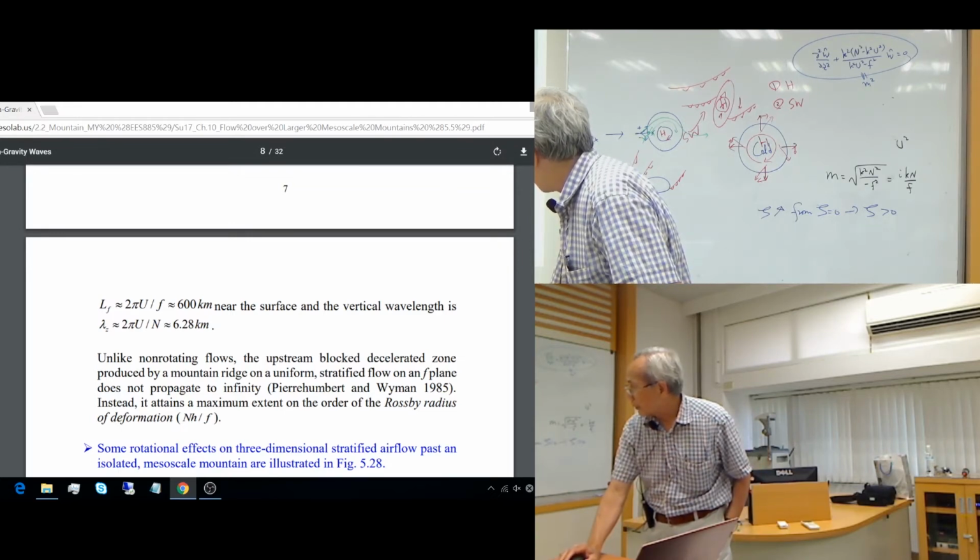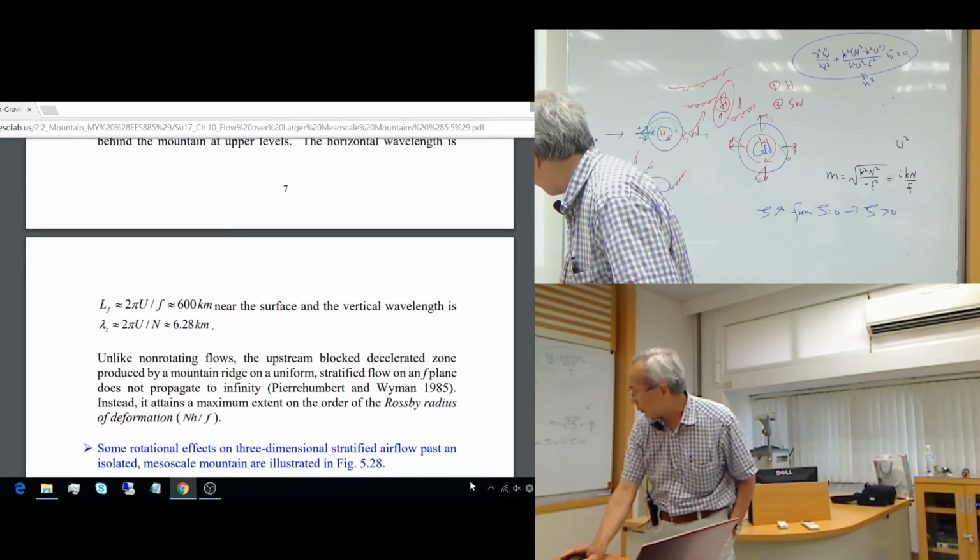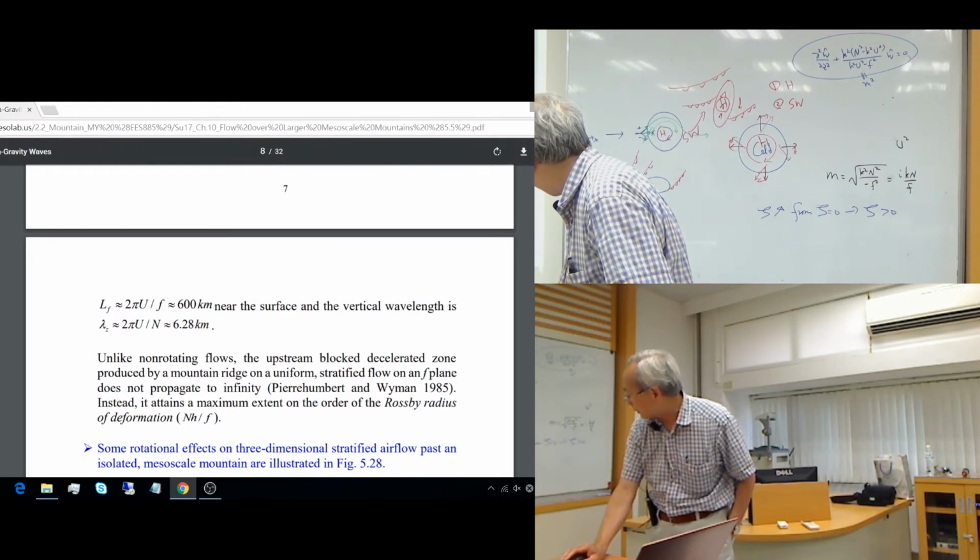Some rotational effects on three-dimensional stratified airflow past an isolated mesoscale mountain are illustrated in figure 5.28. That's below.